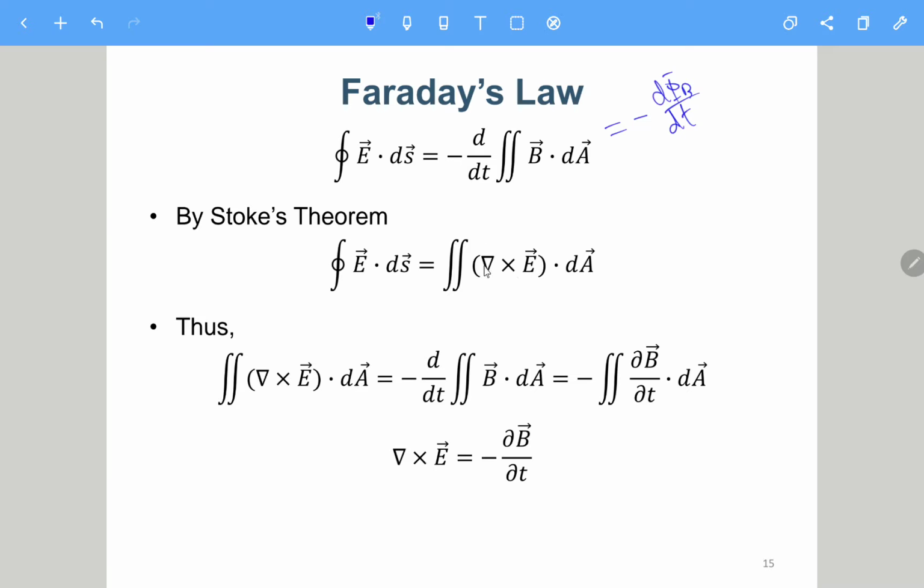The integrand on the right side is the curl of E. So this is the Stokes theorem applied for the E field. And this one is actually the same as this one, which means that this double integral equals this term. So we put this one here, and then we need to put this one here.